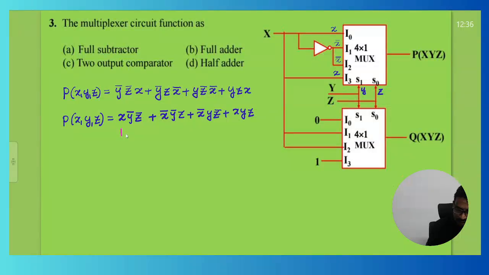So this value is 1, 0, 0, 0, 0, 1, and this is 0, 1, 0, 1, 1, 1.